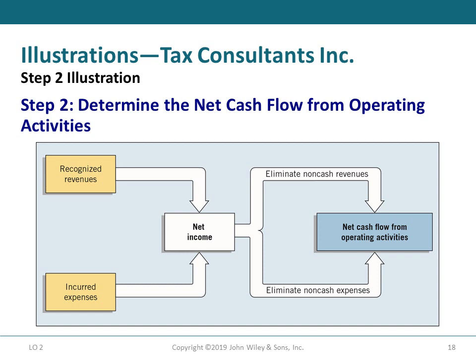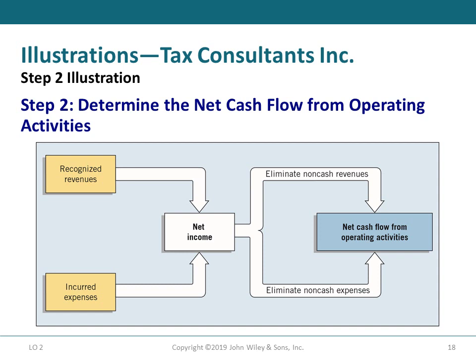Net income is determined as a result of deducting incurred expenses from recognized revenue. Recognized revenue and incurred expenses are determined on the accrual basis. So net income is the result of the accrual basis. How can we convert net income into net cash flow from operating activities?